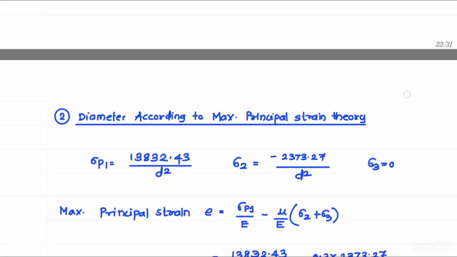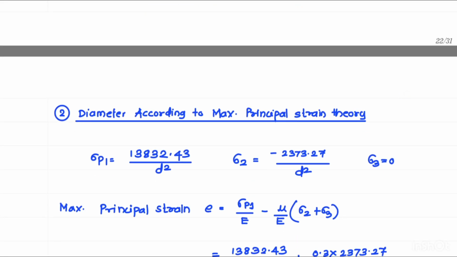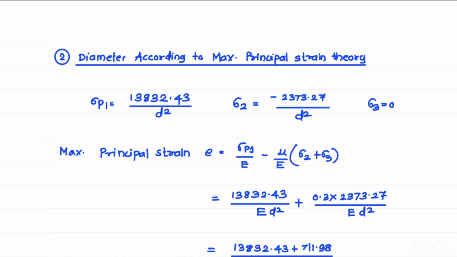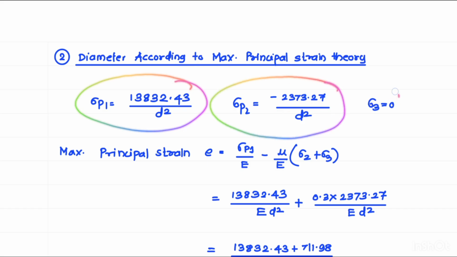Now if I calculate the maximum principal strain based on the given stress conditions, this is the maximum principal stress that we are getting for all these conditions, and this is the minor principal stress.